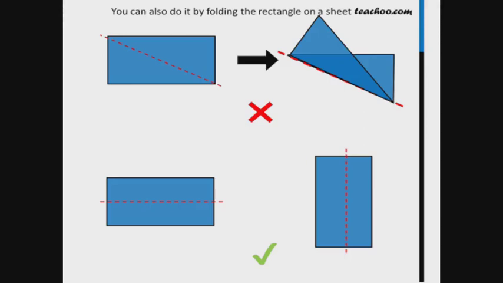in a diagonal pattern, it won't give us a line of symmetry because when folded, the two parts do not match each other. Meanwhile, when this rectangle is folded along the midpoint horizontally, it gives us a symmetrical line, and the same thing happens when it is folded vertically.